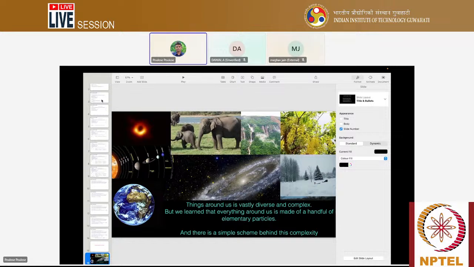Similarly, any complex system also, the study of that comes under physics. Especially in particle physics, what we are focusing on is what are the basic constituents of everything.